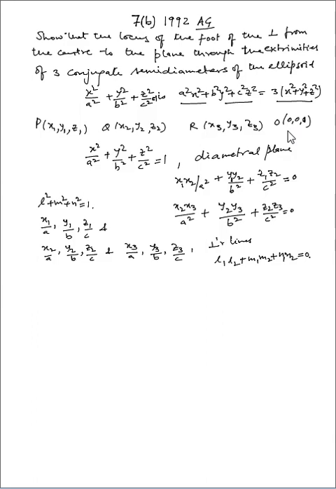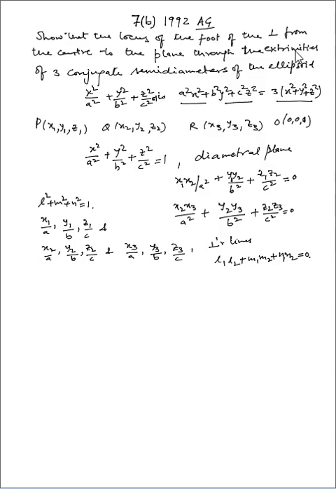In this way we can say that the three lines are mutually perpendicular. For the third one, it is l3, m3, n3. Similarly x1 upon a, y1 upon b, z1 upon c are also perpendicular to each other.